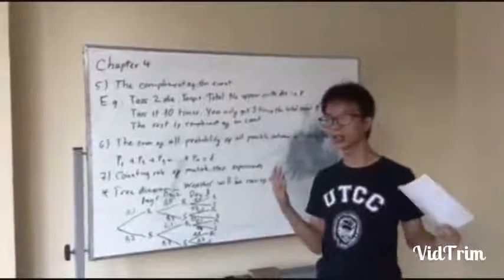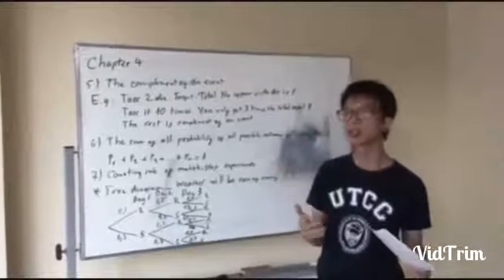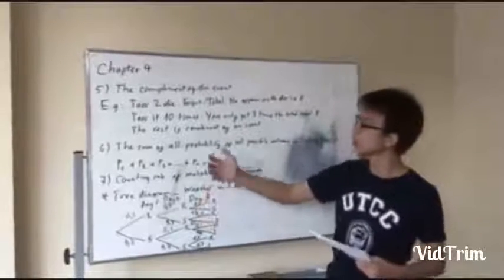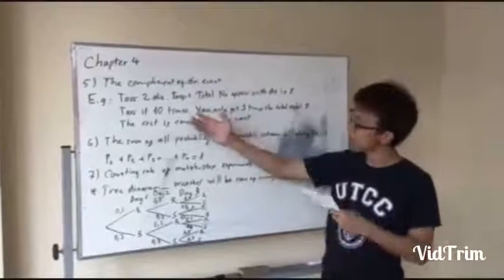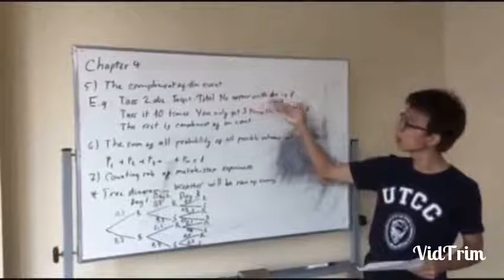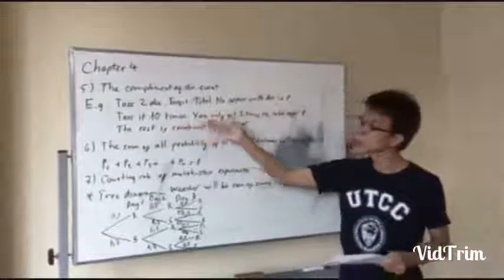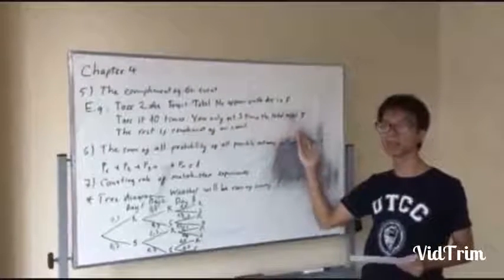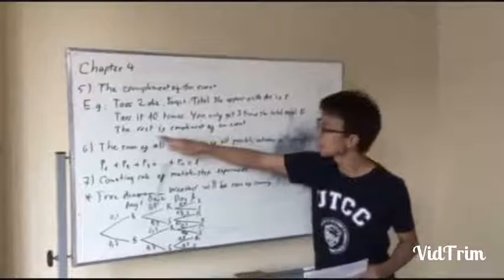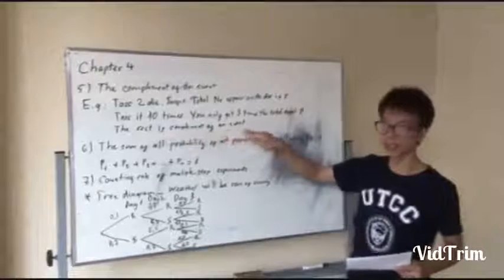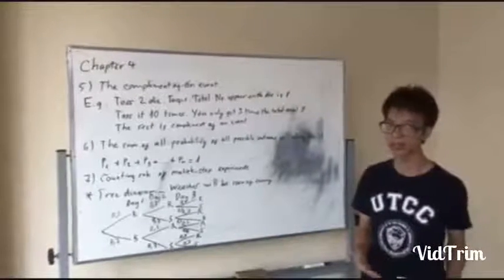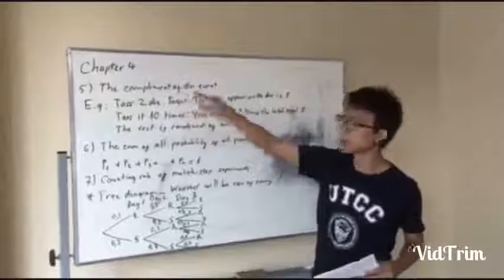It is the event that does not occur, that is, outside of event A. For example, when you toss 2 dice, the target is that the total number appearing on the dice is 8, and when you toss them 10 times, you only get 3 times that the total is 8. The other 7 times are the complement of the event. The total is not equal to 8, maybe equal to 12 or 10, but not 8. That is the meaning of the complement of an event.